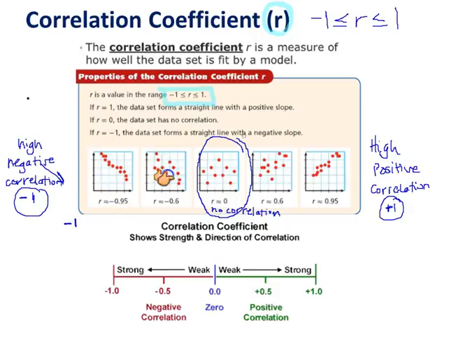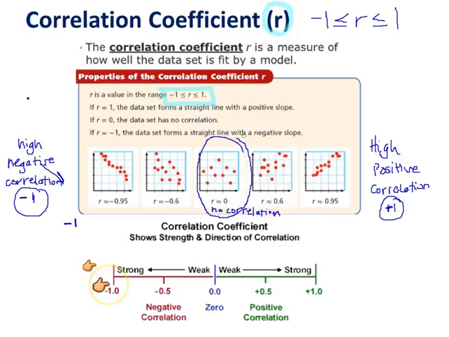Here our points start to get a little less tightly packed, but we still see that it's decreasing. Here r is equal to -0.6, so we're getting closer to 0. If our correlation coefficient is 0, our points are all over the place. There's no correlation. As we work our way back up to +1, the closer we get to +1, the more tightly packed our points are and the more they're rising.